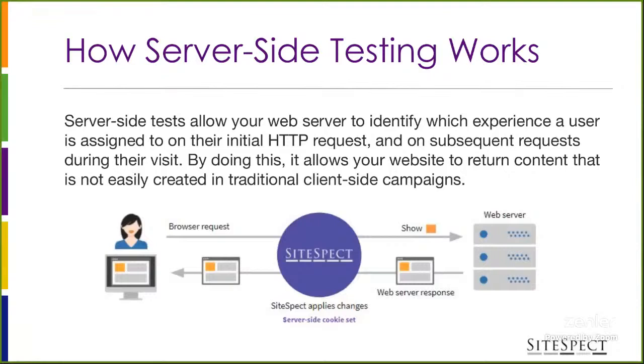You can have SiteSpec make changes in the flow to the page source on the way back, for example, or do redirects like 301, 302, or internal redirects. And then if you can imagine what SiteSpec does in a client side mode is it imprints the page with instructions on what to change once it gets to the browser. So hopefully that helps distinguish the difference.